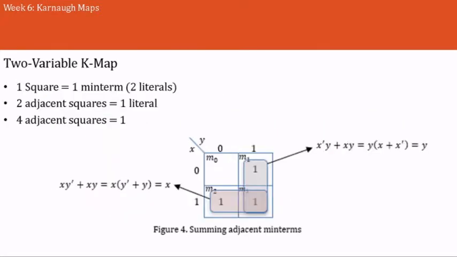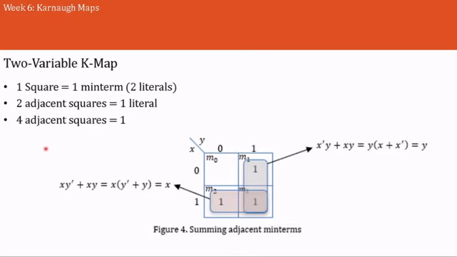For the two-variable K-map, let's say we don't have any group and we only have one square. Then we can actually have an answer of one minterm, that is two literals.